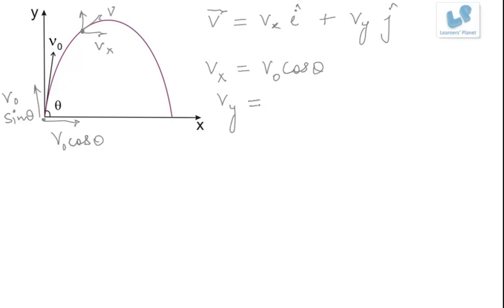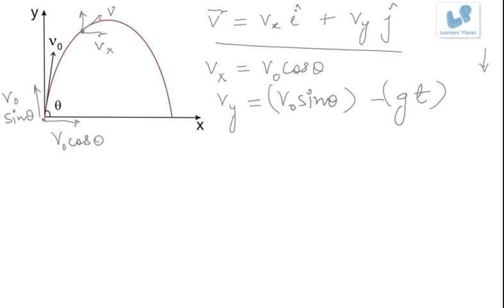And vy will be given by, in the y direction the acceleration that is acting is in the downward direction, which is equal to g, so we will write it as v0 sine theta as the initial velocity, minus gt. So this gives you the velocity vector at this point.